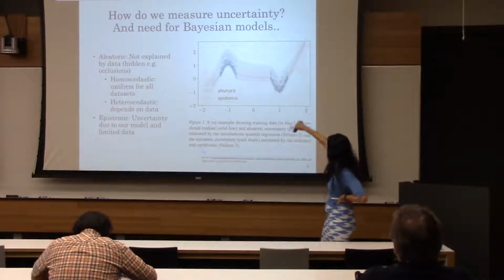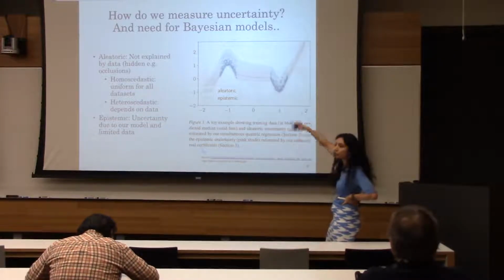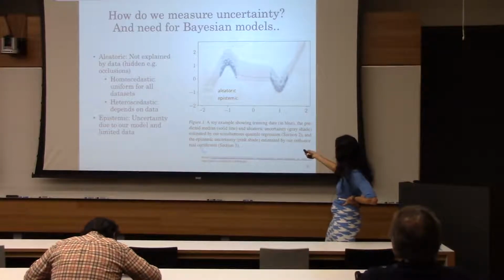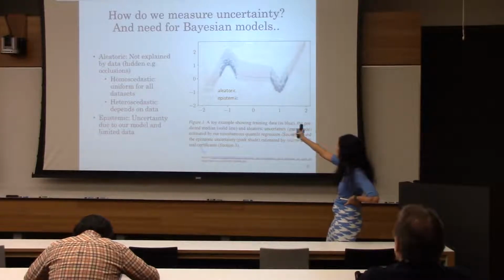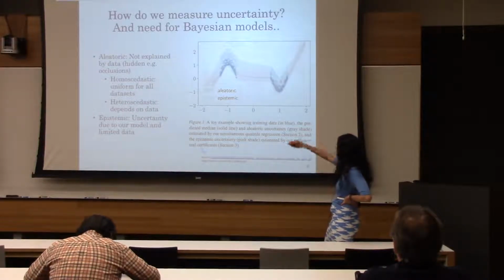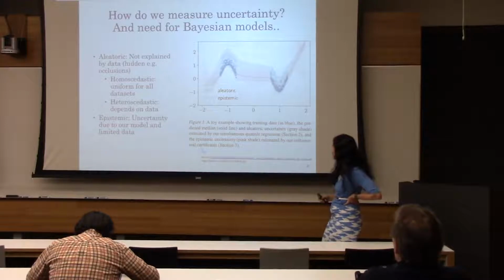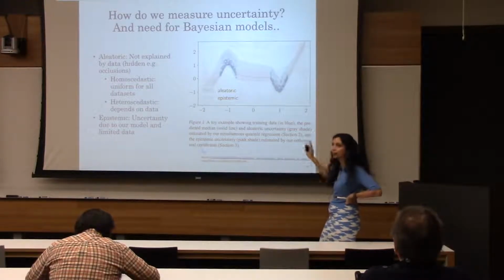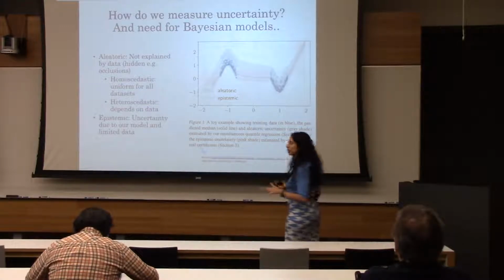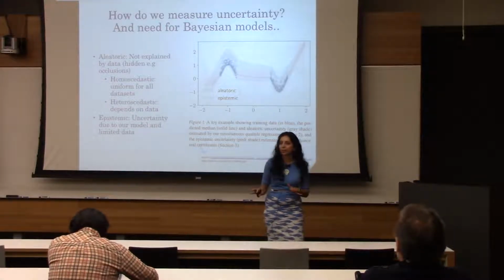Whereas the aleatoric uncertainty is there everywhere. It could very well depend on the data and the region, or it could even be uniform. So those are the two forms, the homoscedastic and the heteroscedastic. But the important thing is to be able to distinguish the epistemic uncertainty from the aleatoric.